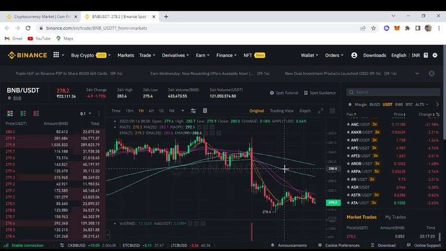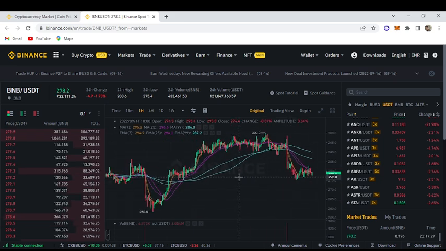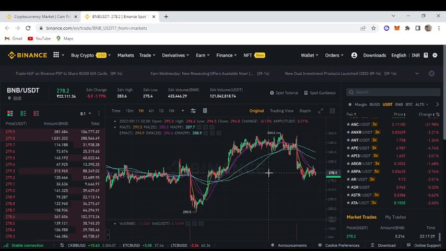After that, it's currently going down, but still it is highlighted in Binance. So here it actually got a pretty good support level. Let me see that in TradingView.